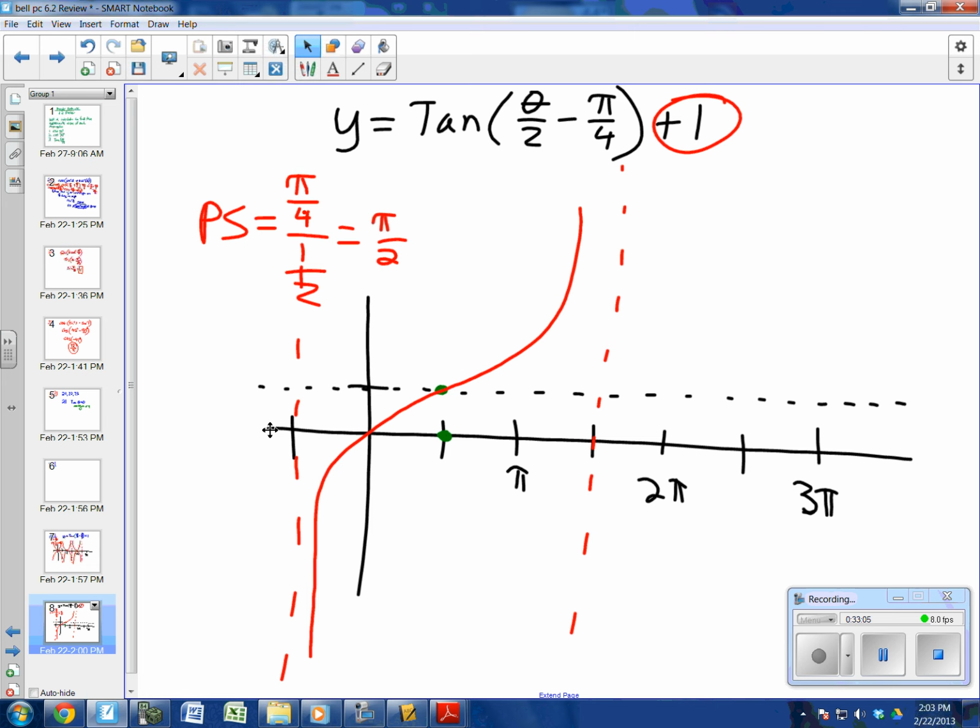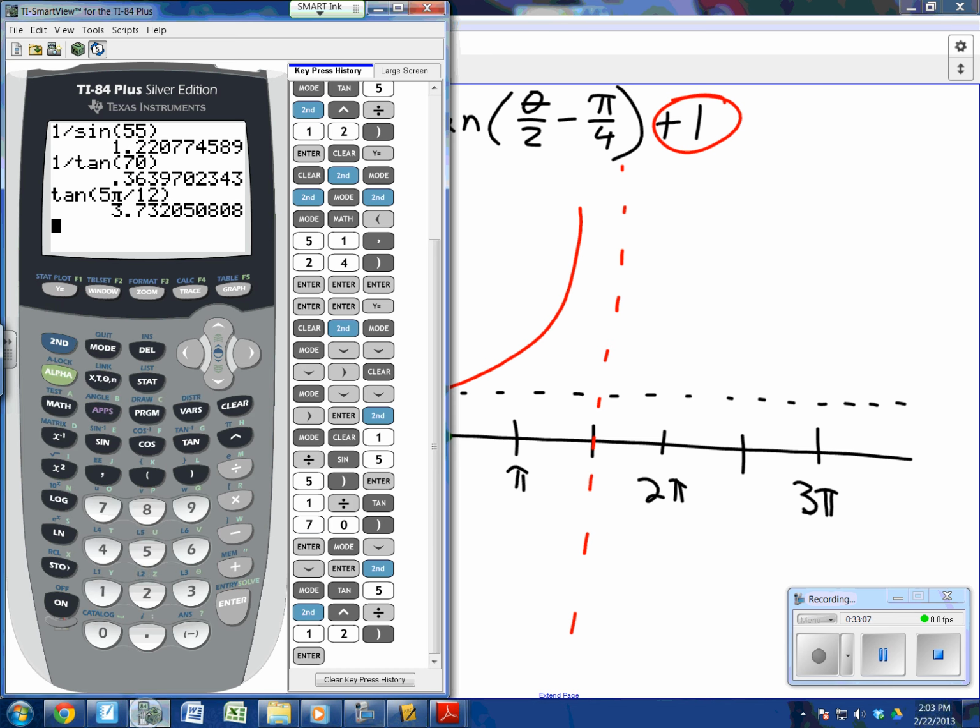Well, if I was putting this one in my calculator, I would go like this. First of all, let's all have the same window. You guys have that window right there? Negative 2 pi to positive 2 pi, pi over 4, negative 5 and 5 and 1.